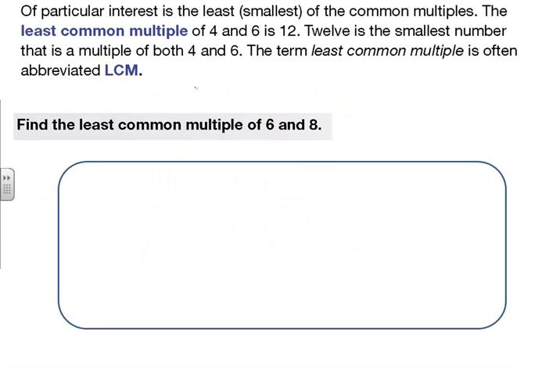So if we are told to find the least common multiple of 6 and 8, we'll do the same thing as we did on the prior one, where we knew that 12 was our least common multiple because we found them. So let's start with 6. 6 times 1 is 6. 6 times 2 is 12. 6 times 3 is 18. 6 times 4 is 24.